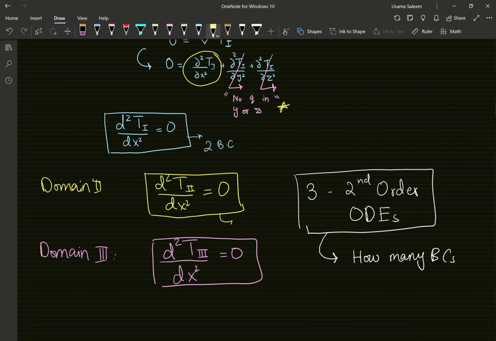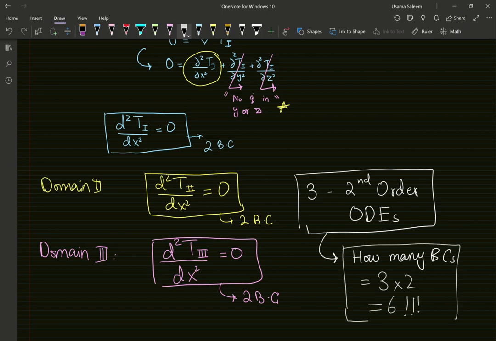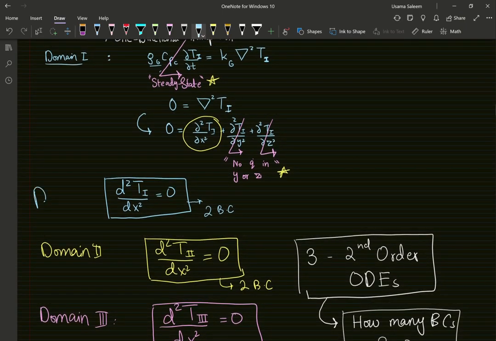For the next one, I'm also going to need 2 boundary conditions because it's also second order. And for my last one, I'm also going to need 2 boundary conditions because it is, as you guys have guessed, second order. So the boundary conditions required are 3 multiplied by 2, 6. 6 boundary conditions, ladies and gentlemen, to solve these ordinary differential equations.